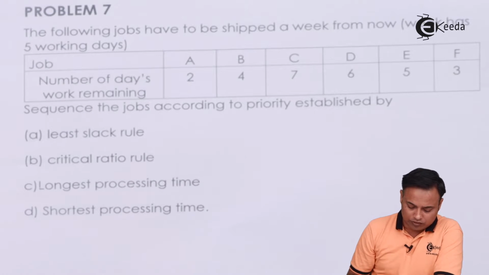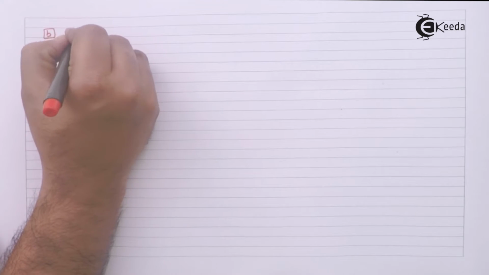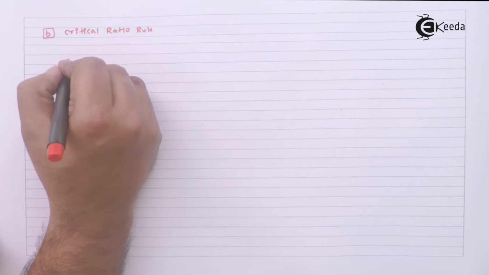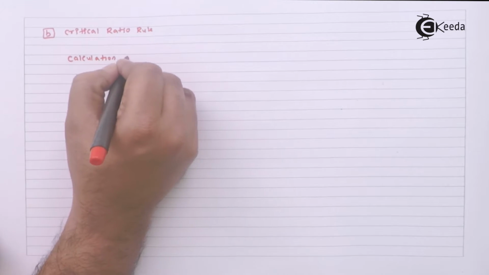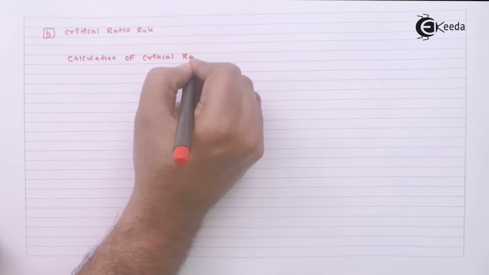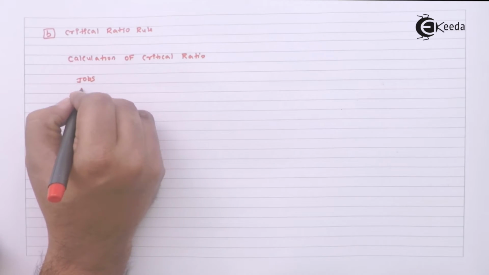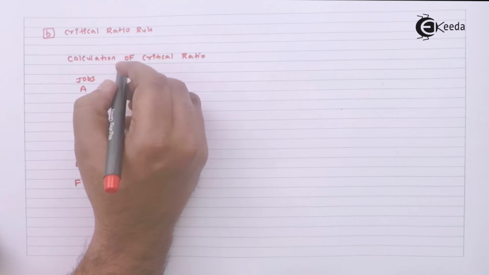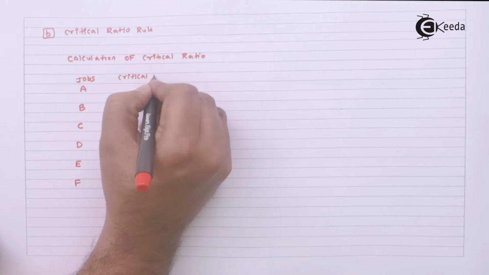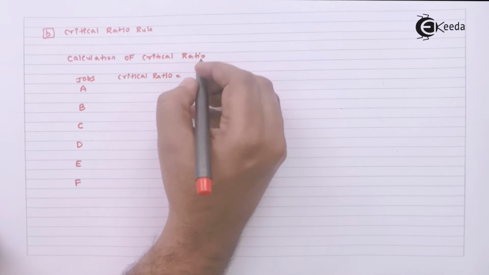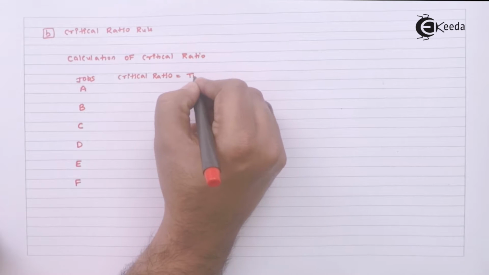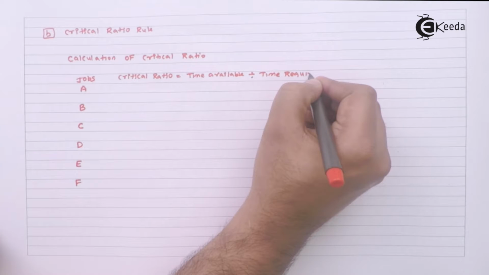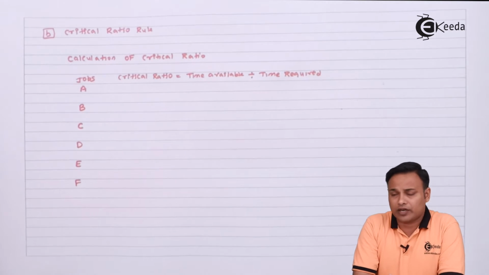Let's first find out the ratios. So we'll calculate the critical ratio first.